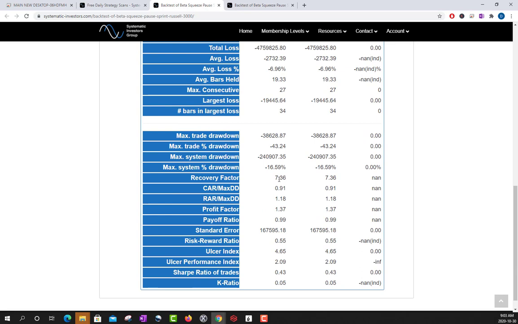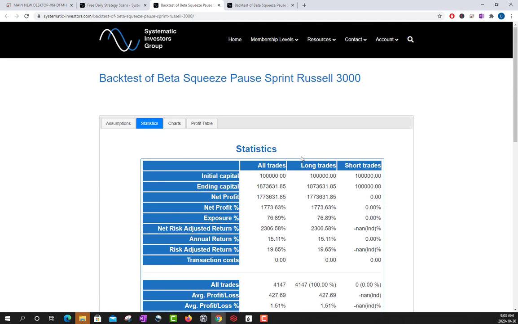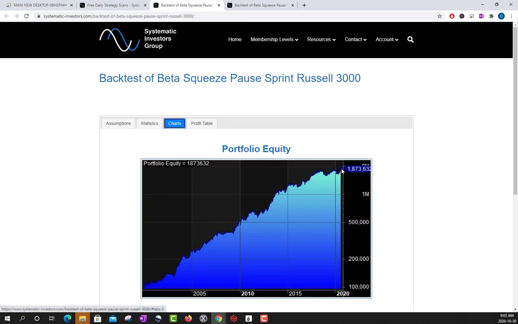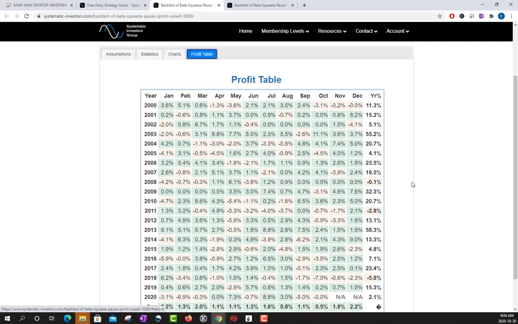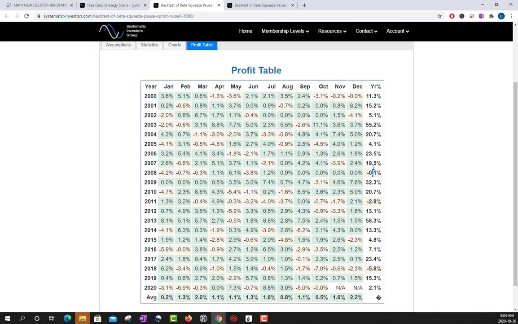And the CAR MDD is about 0.91 with a maximum drawdown of about 16.5%. As far as strategies go over the course of 20 years, that's actually quite good. The equity chart and the profit table look pretty good as well. There was a negative year in 2018, 2011, and 2008, but the losses are quite small in comparison.